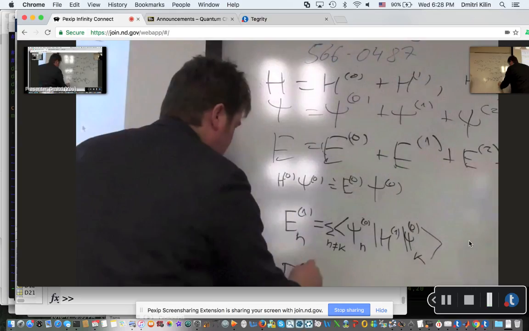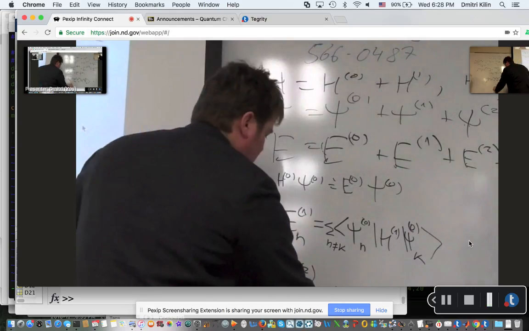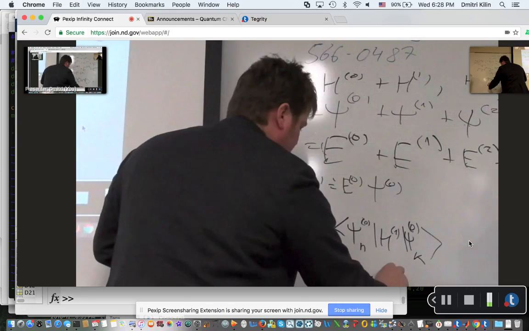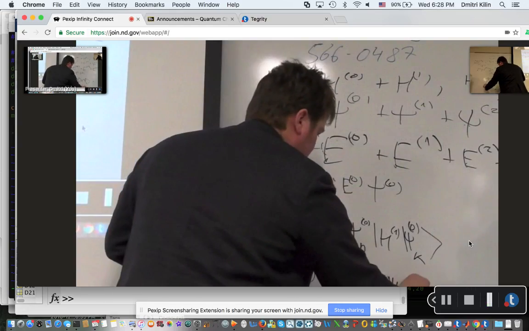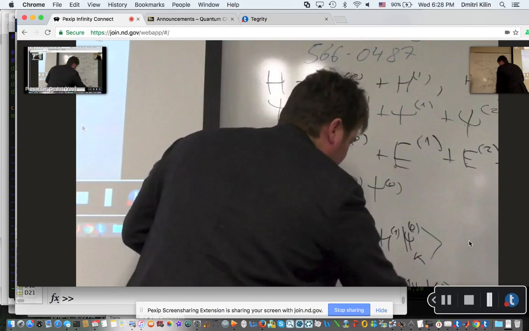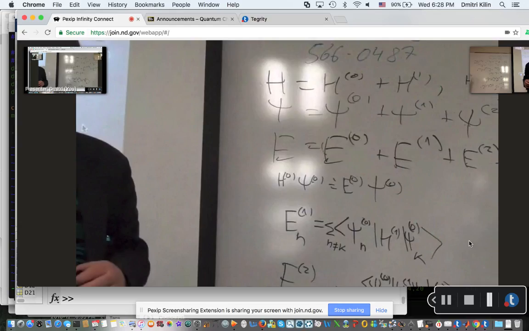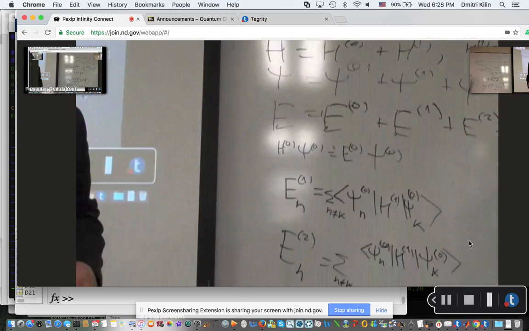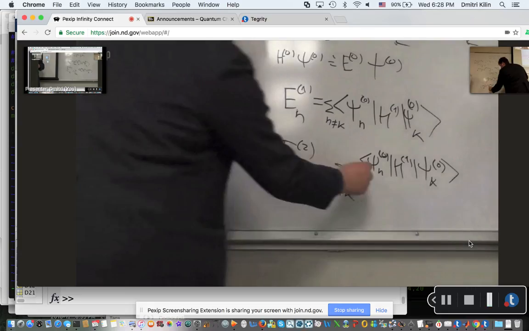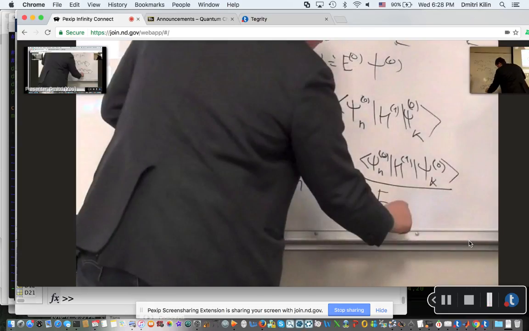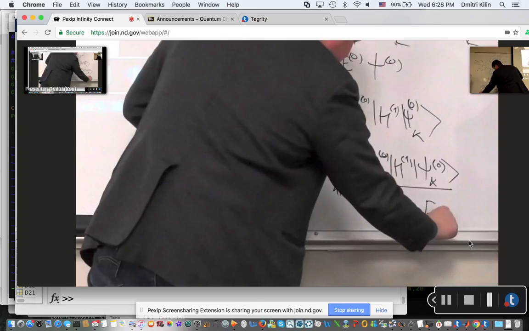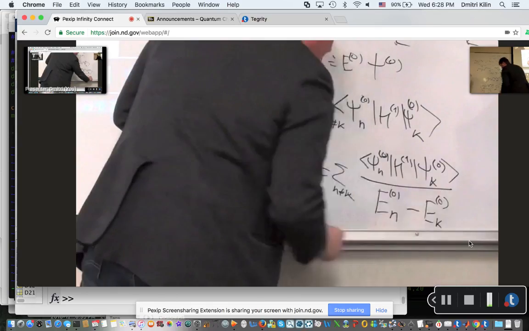The second order will be the same term, but with the matrix element of interaction calculated in the basis of zeroth order wave functions divided by the zeroth order energy difference in the denominator.